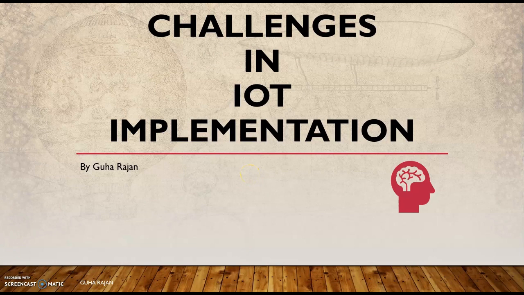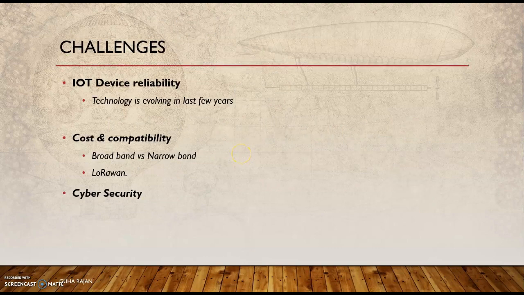Let's quickly look at the challenges in IoT. That is, of course, the future direction in which we would be moving as well. So the challenges, if you look at it: the IoT device reliability. As I said, the IoT movement or adoption all started with the Raspberry Pi. But in fact, the Raspberry Pi was developed more as a hobby kit.